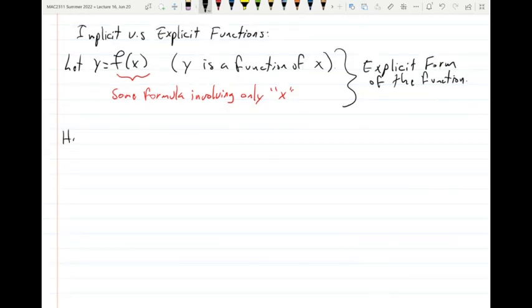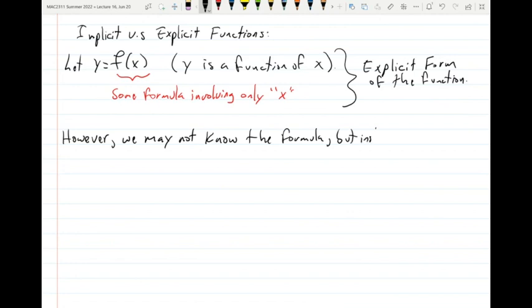However, we may not know the formula, but instead an equation. And in general, I'm going to write the general form of how this looks.